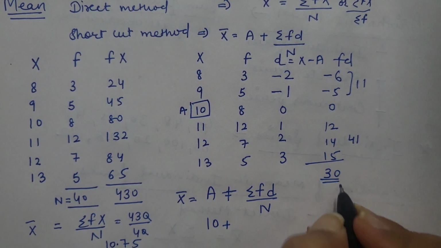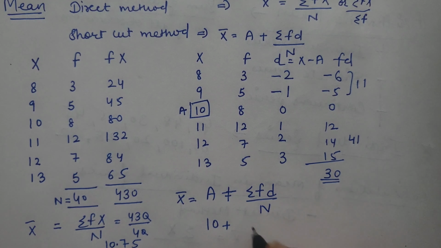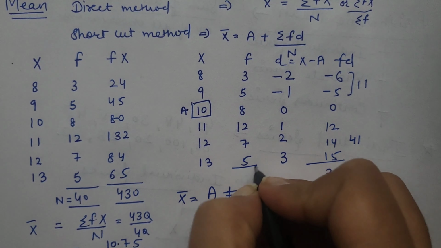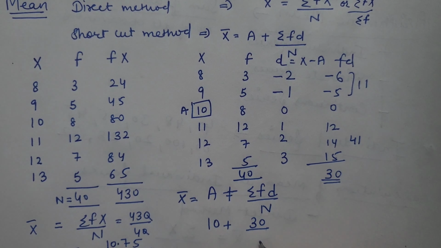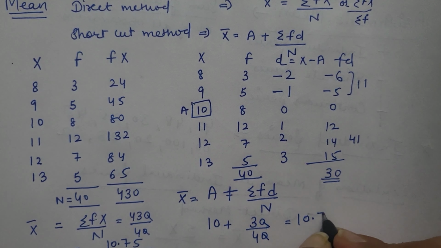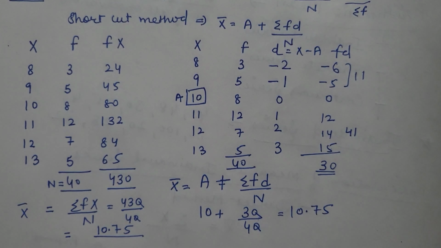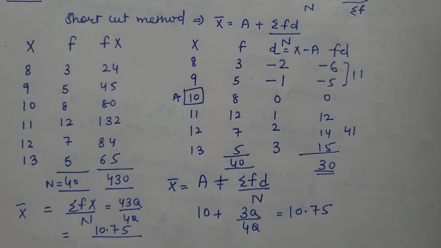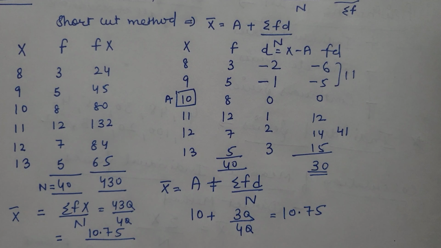So the sum here is 30. The number of observations, as calculated earlier, is 40. So if you add 3/4 to 10, that would be 10.75. Same as calculated by the other method.